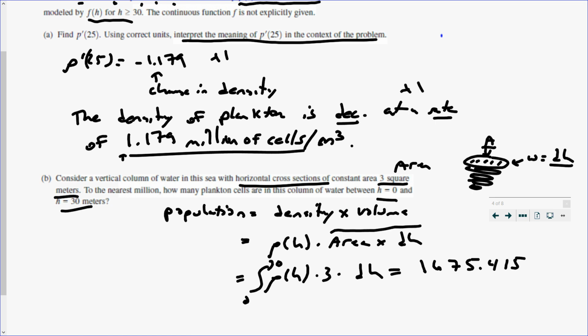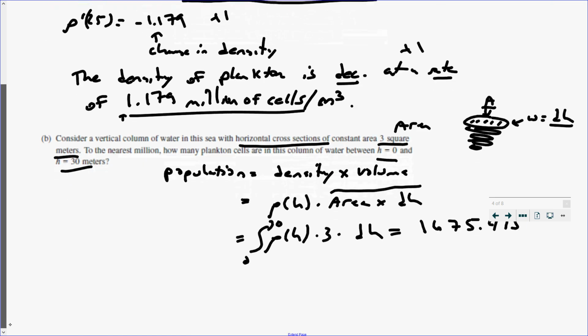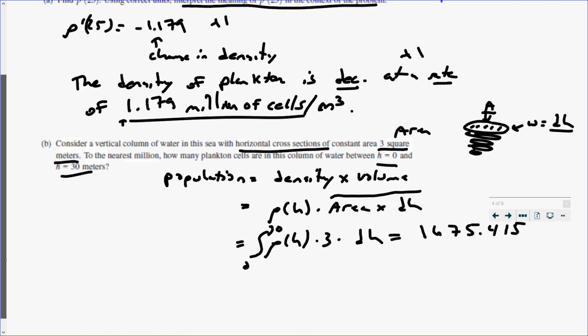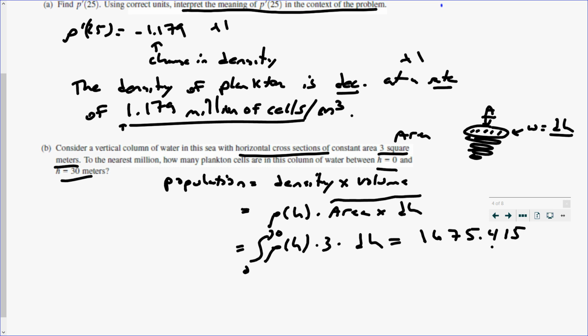1,675.415. Now, be careful. We're going to write this answer a little bit differently here because we're talking about plankton. Plankton are living things. We should never leave a decimal for anything really living, because it also says the nearest million.